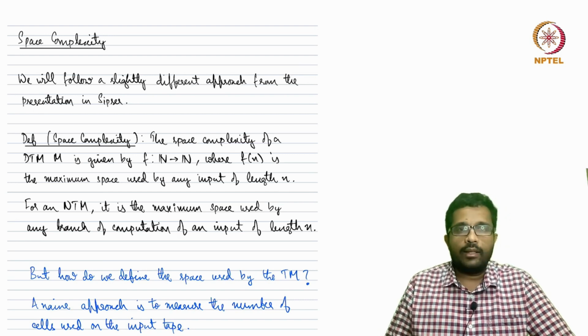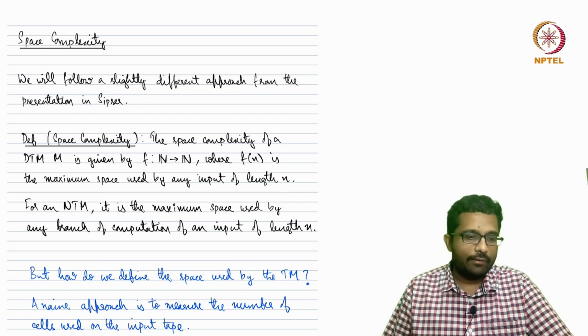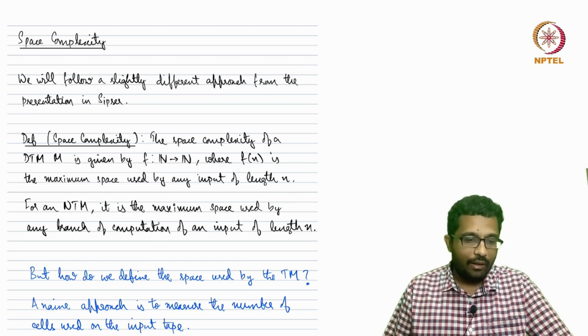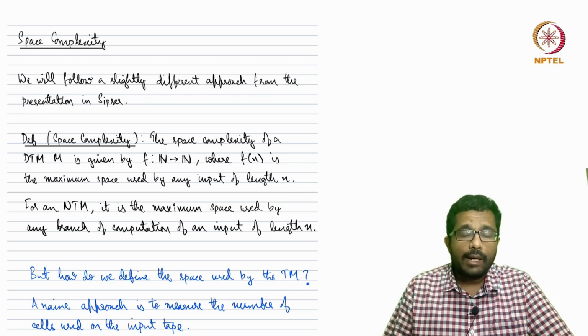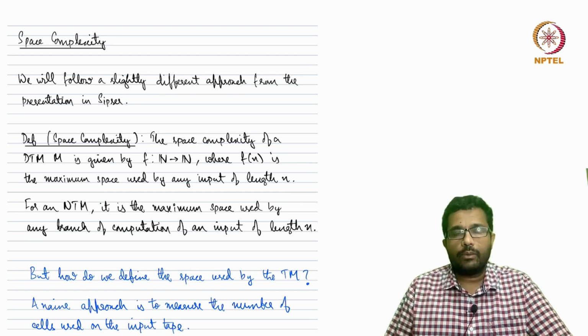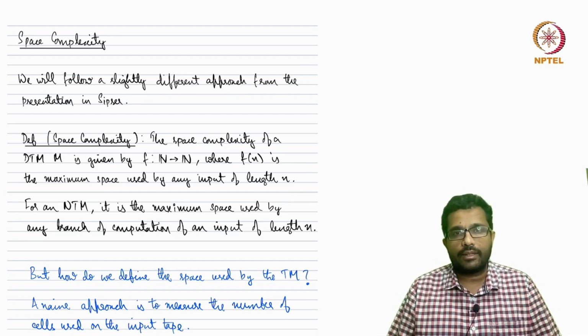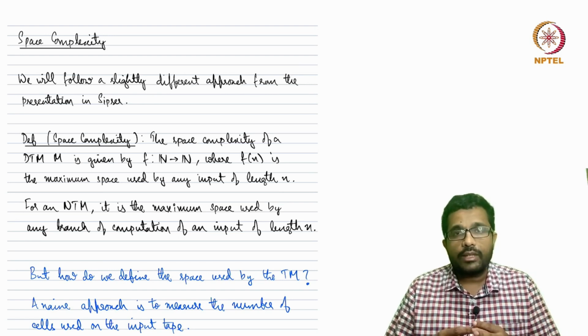Over this last week, in the remaining time that we have, we will briefly cover space complexity, right? So just like time, space is also an important resource when it comes to assessing how computation performs. So it is also a resource that we are bothered about when it comes to computation.